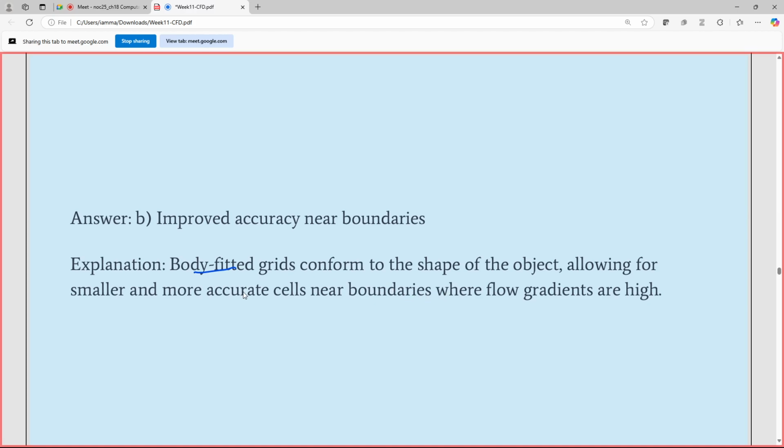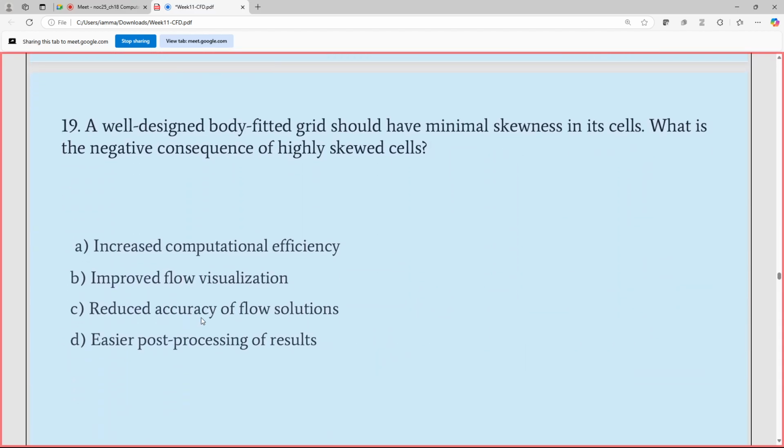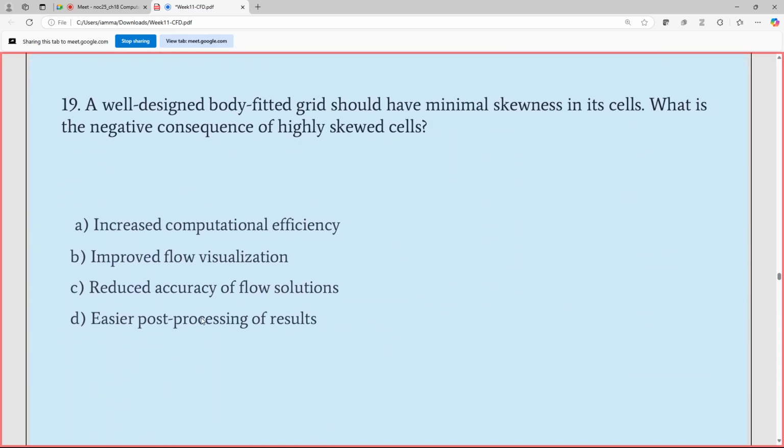So such body fitted grids will provide improved accuracy near boundaries. So our answer is option B. Next question.